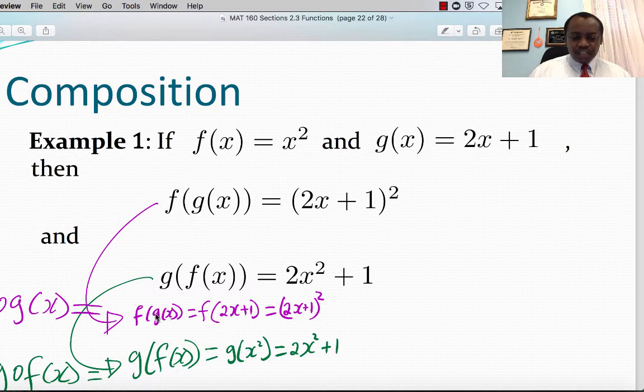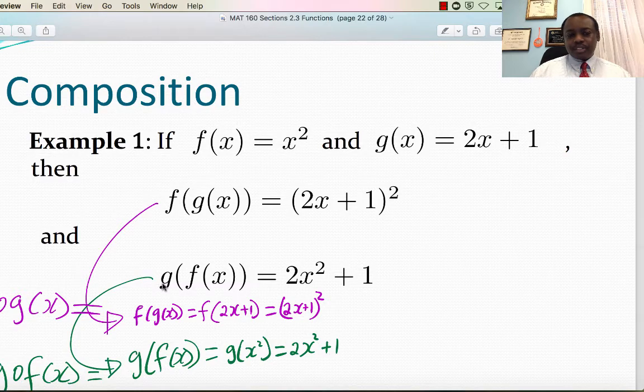So you see, g feeds on x and produces 2x plus 1. f feeds on 2x plus 1 and produces x squared, but the x there is going to be 2x plus 1. So f takes 2x plus 1 and produces (2x plus 1) all squared.